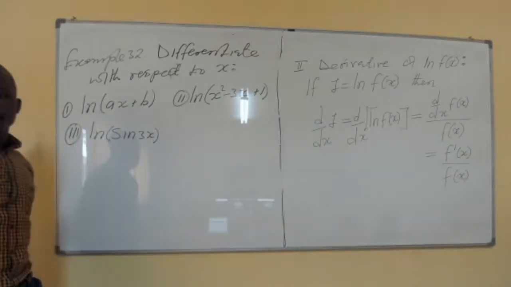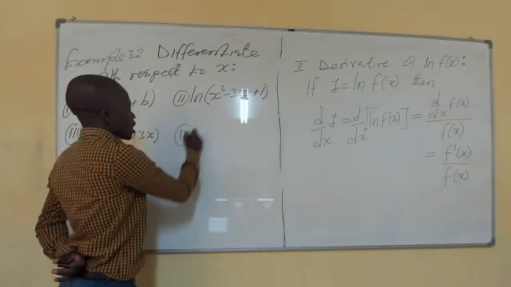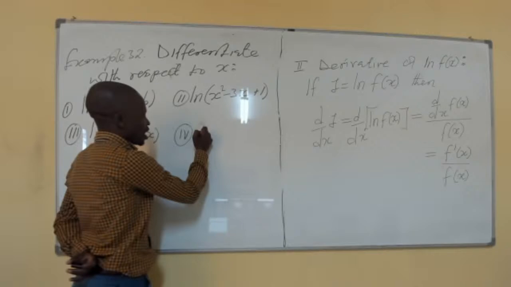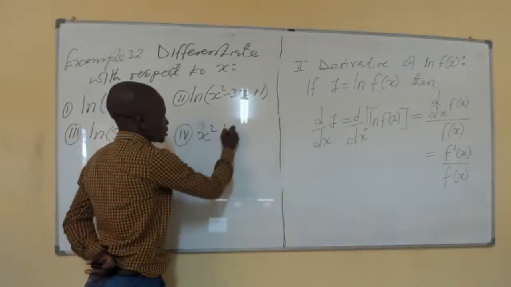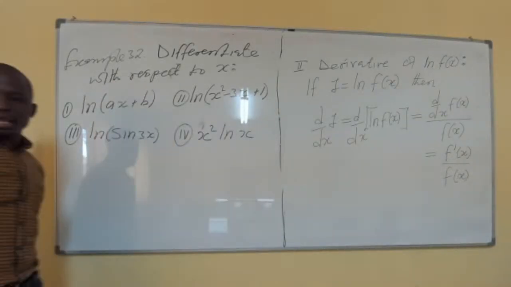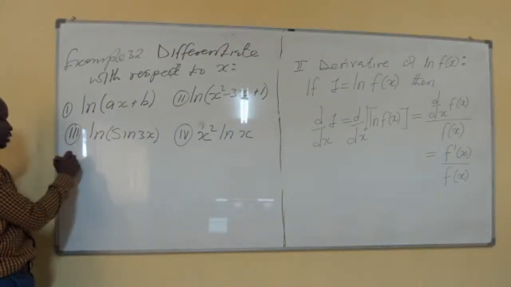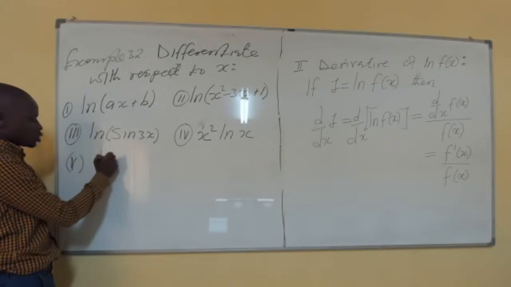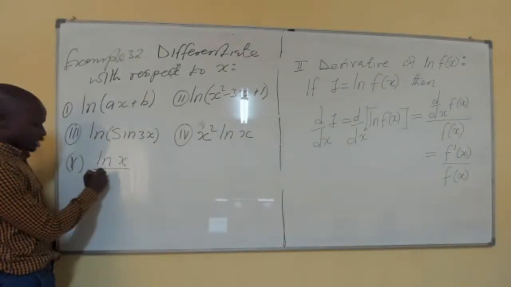The fourth one is x squared times the ln of x. The fifth one is also simple.